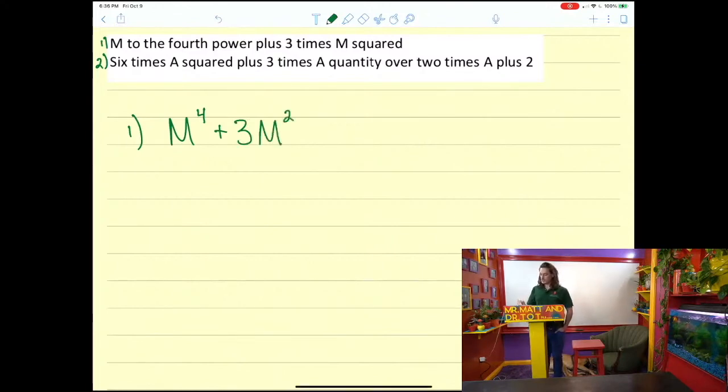So this quantity over is implying a fraction, so we have this whole numerator over this whole denominator. The numerator here is 6 times a squared plus 3 times a, quantity divided by 2 times a plus 2. If you have any questions, then please let me know.